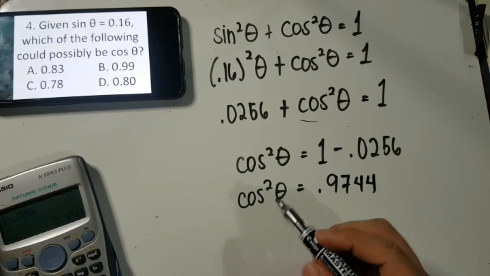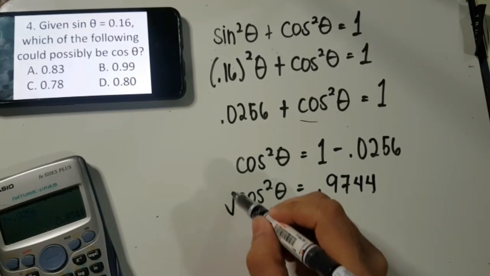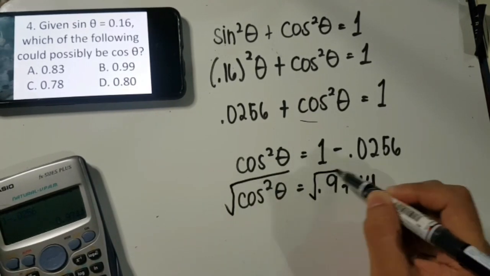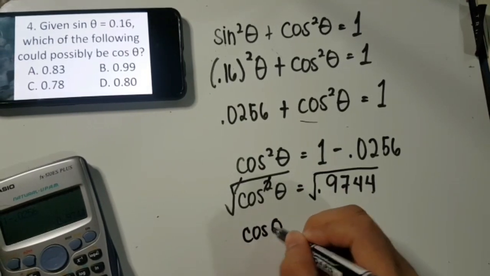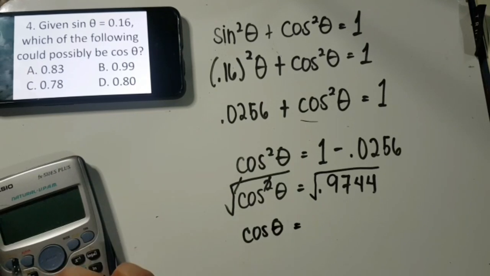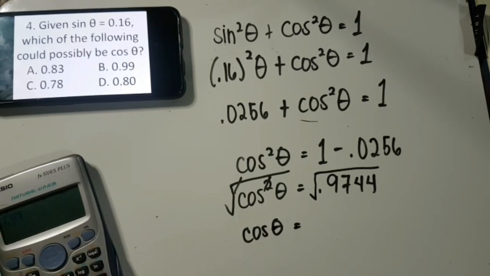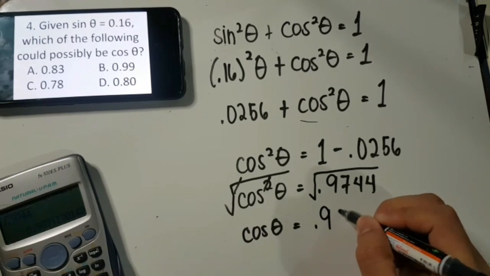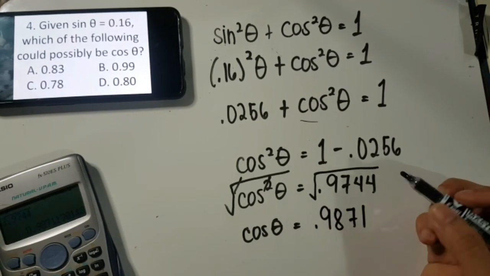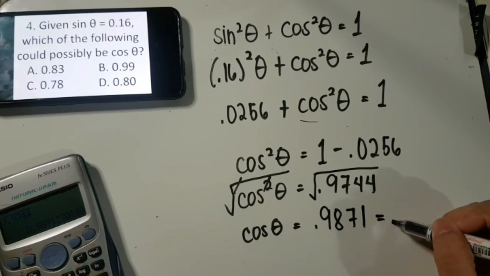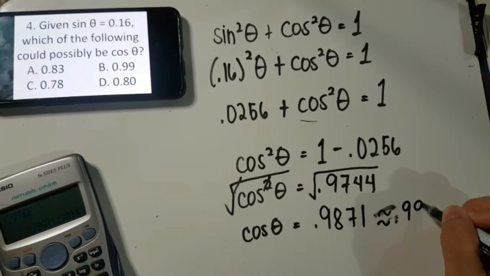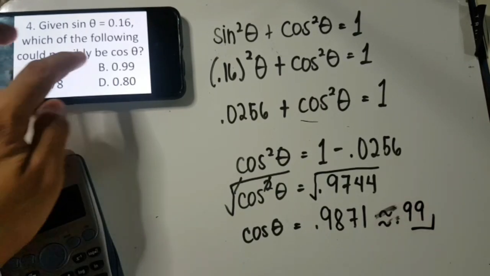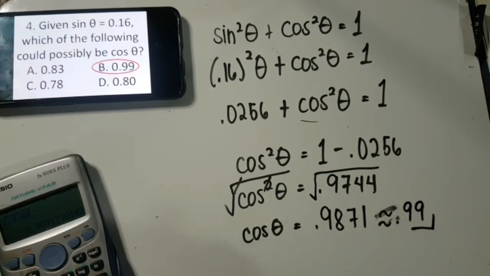So, paano makuha yung value ni cosine theta? So, we can square root both sides. So, cancel. So, we are left with cosine theta is equal to square root of 0.9744. So, that is 0.9871 or 0.99. So, the answer here is letter B.